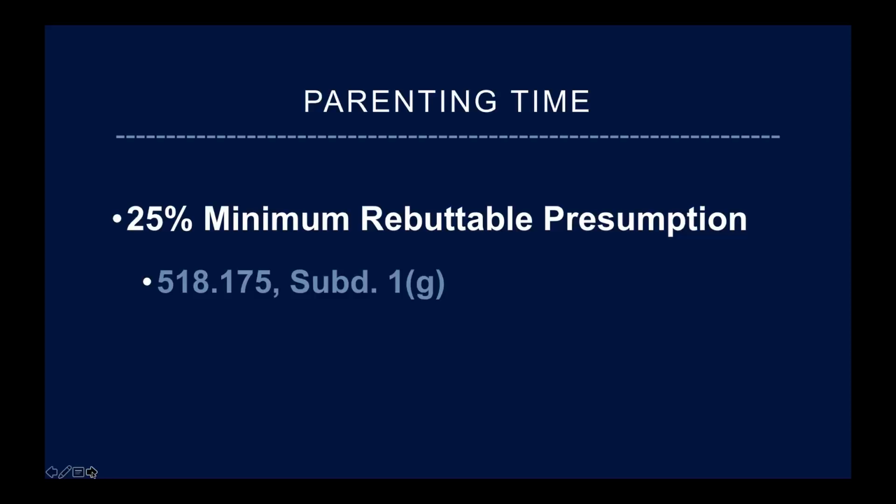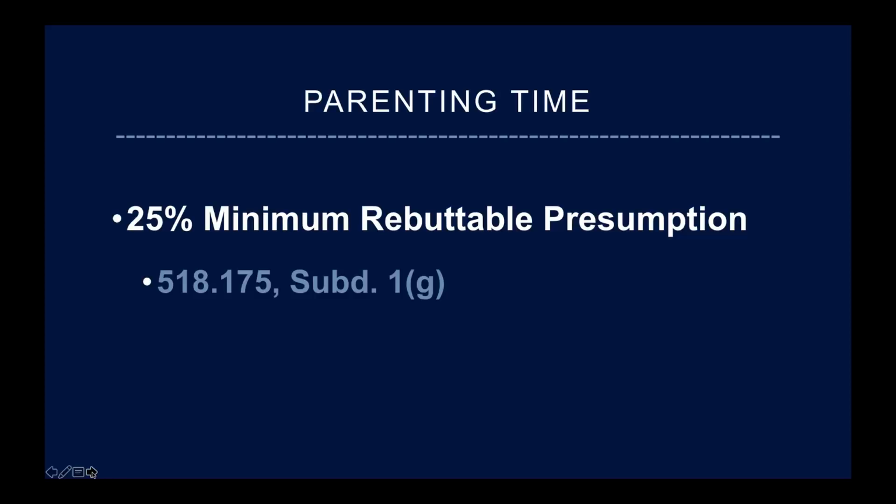Regarding parenting time, I think the key with parenting time is this, that there is at the present time a 25% minimum rebuttable presumption regarding parents and their ability to care for kids. And what we're talking about is the percentage of overnights.